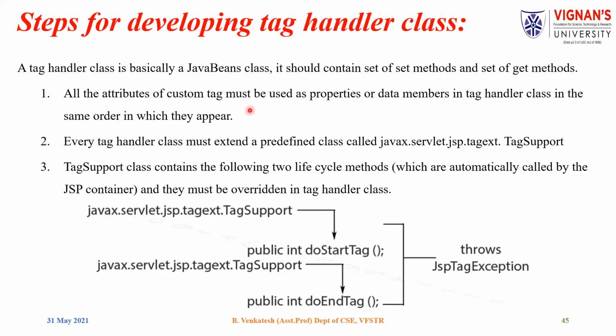Okay, so all the attributes of the custom tag must be used as properties or data members in the tag handler class, in the same order in which they appear. Suppose you are using any attributes in our custom tag, then that attribute should act as a property or data member of that particular tag handler class, and it should be declared in the order in which they appear.